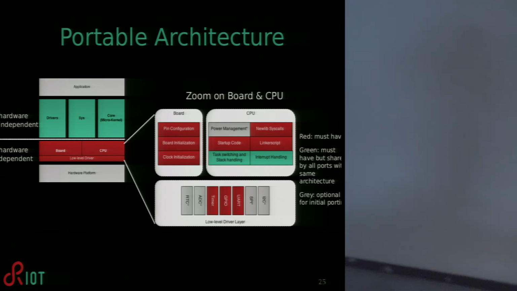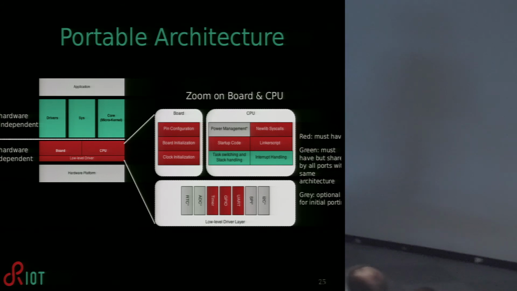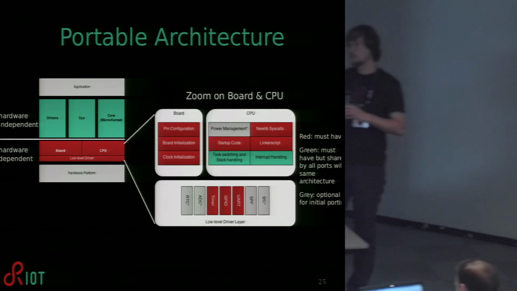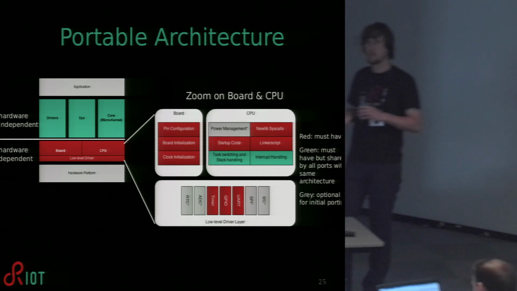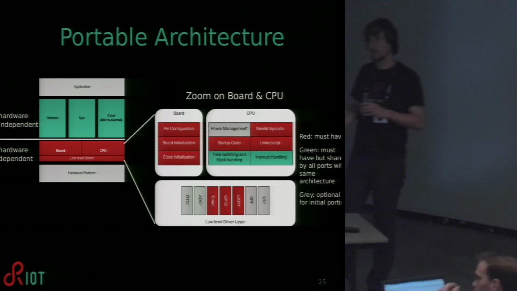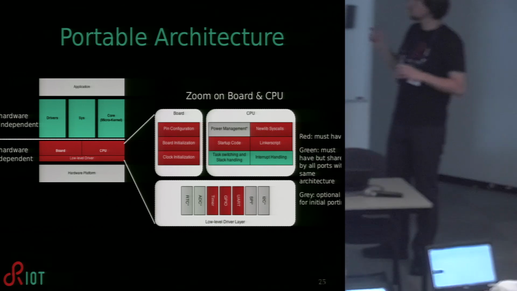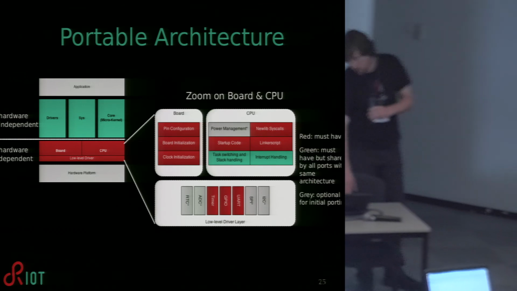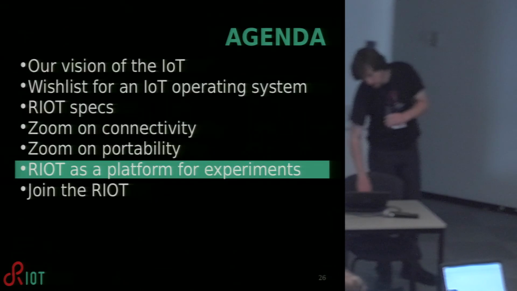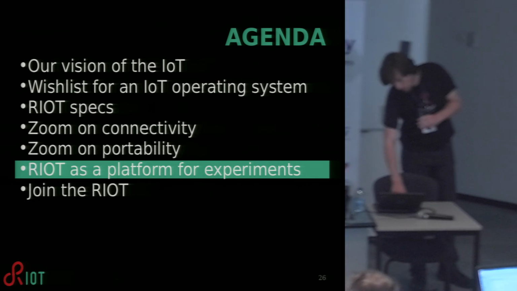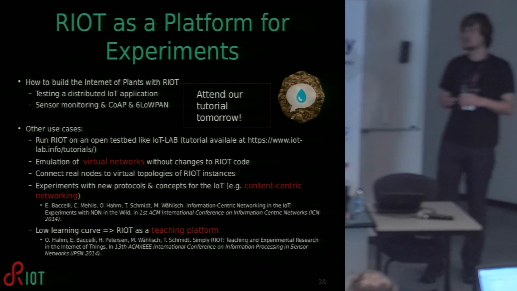There are even parts that you don't need to touch if you go from M0 to M3. But there are obviously some parts that are board specific, but that's mostly just configuration, like saying if your ADC is connected to pin 1 or 7 or whatever. So that's really minimized to the max to minimize this porting effort. And yeah, so what can I use RIOT for?